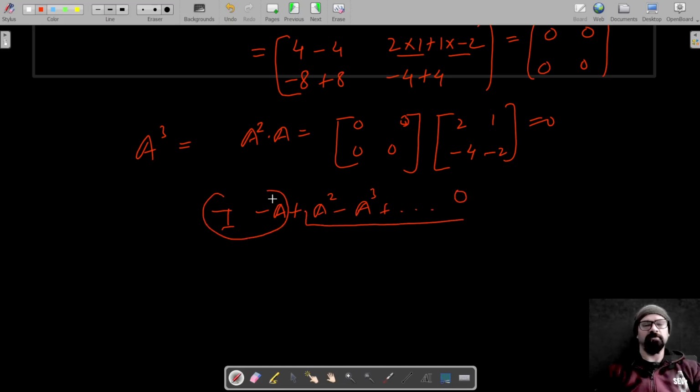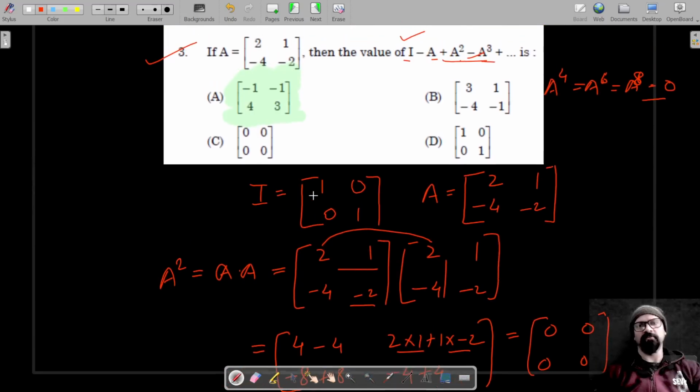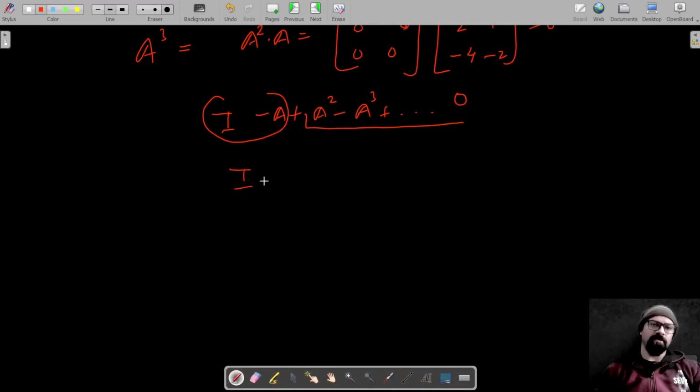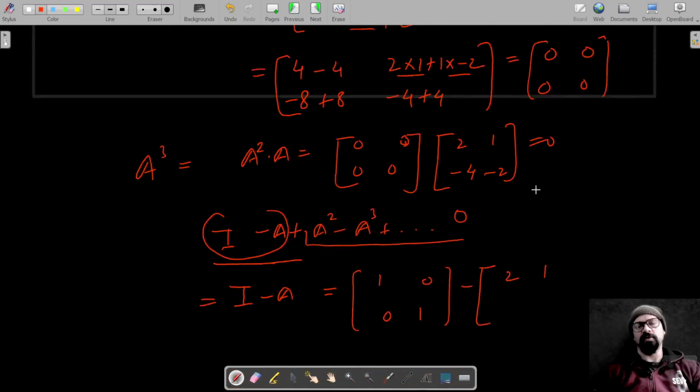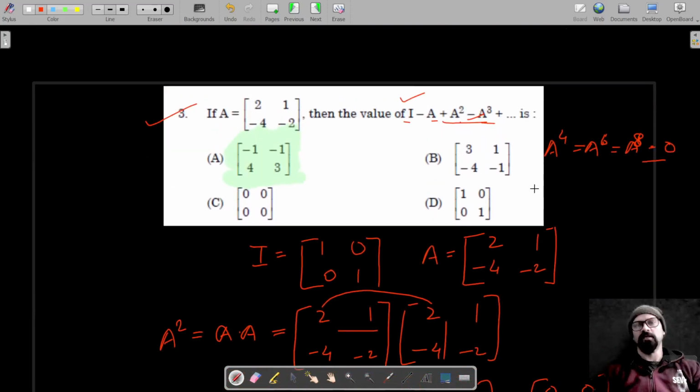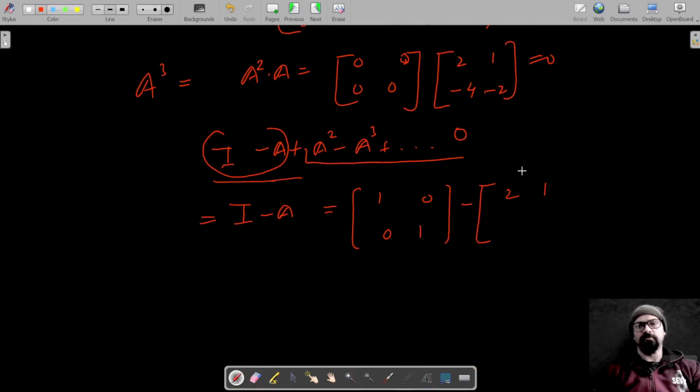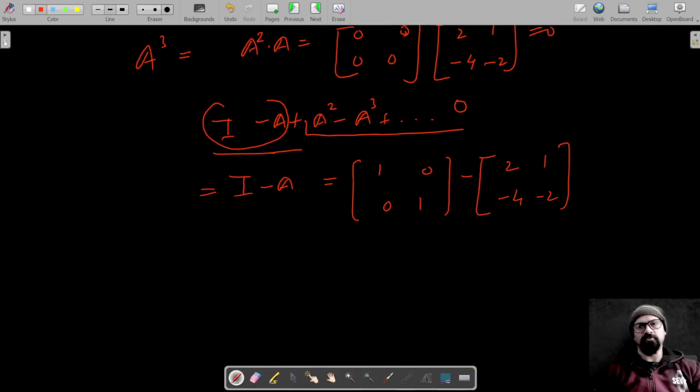So we are left with only I minus A, identity matrix minus A. So this equation is reduced to I minus A, and I is 1, 0, 0, 1. We have to subtract the matrix A, which is 2, 1, minus 4 and minus 2.